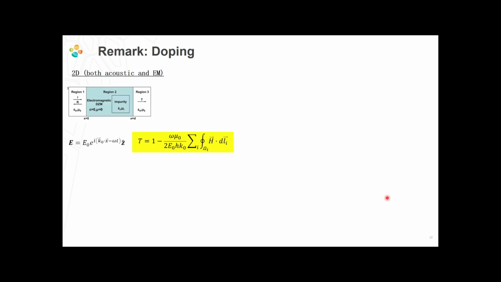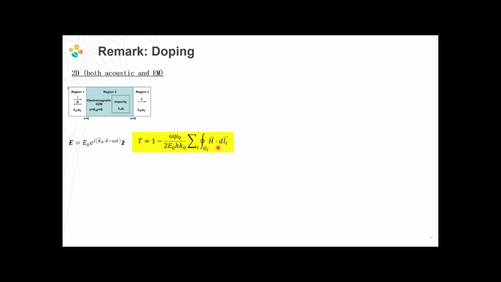And then at the end, I want to introduce some interesting features about the doping effect. So in the 2-dimensional case, for both acoustic and electromagnetic waves, if you put a zero index material inside a waveguide, and then inside this zero index material, you put some kind of impurities, we found that the transmission depends on this impurity.